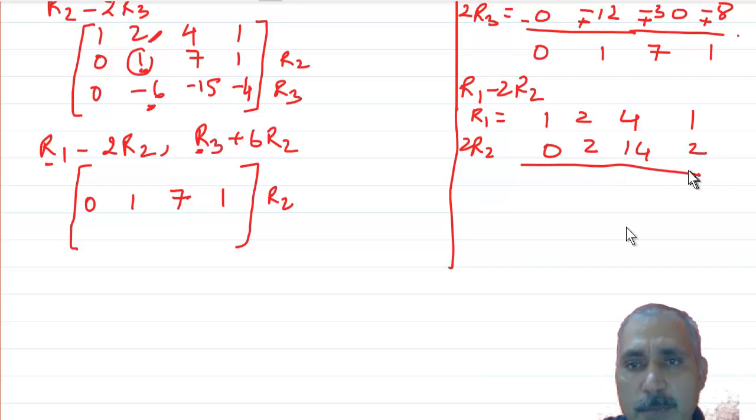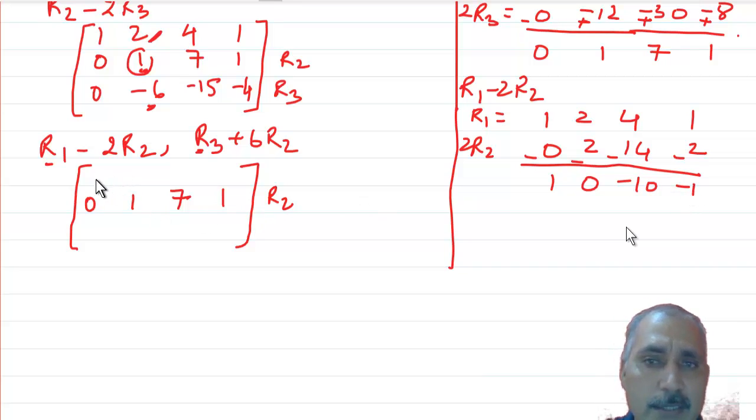We have to subtract this, so sign will change here. 1 minus 0 is 1, 2 minus 2 is 0, 4 minus 14 that is minus 10 and 1 minus 2 is going to be minus 1. We will write that here: 1, 0, minus 10, minus 1.